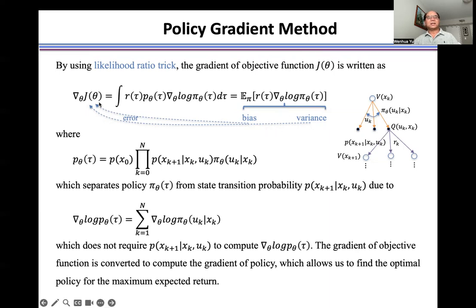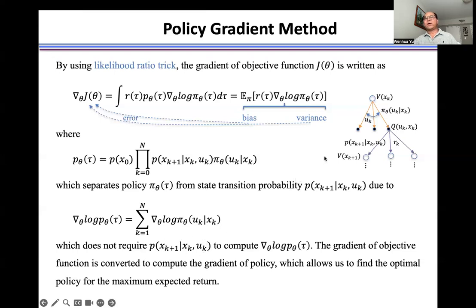Originally we needed to calculate the derivative of the objective function. Now we just need to calculate the derivative of the policy pi. Using this relationship, we can use the likelihood ratio method to separate the policy calculation from the state transition probability.